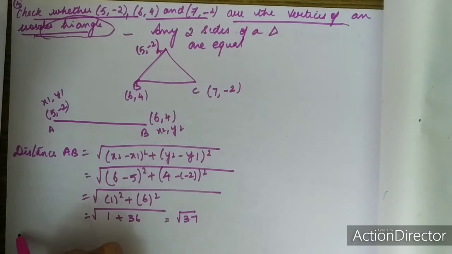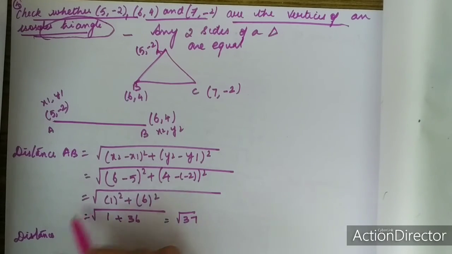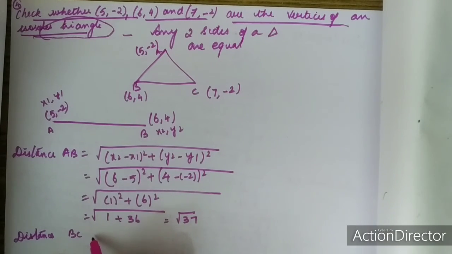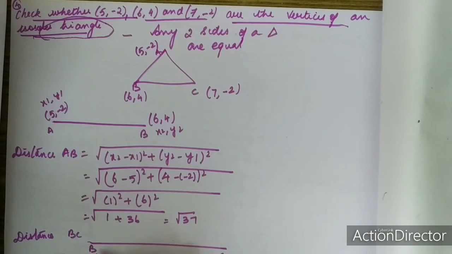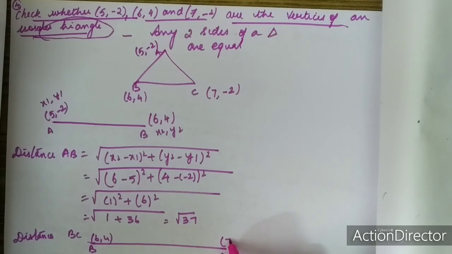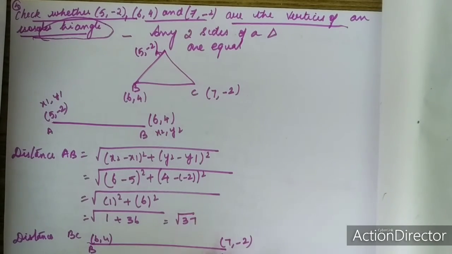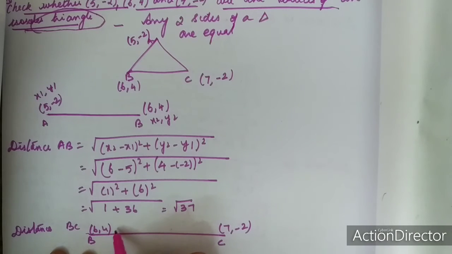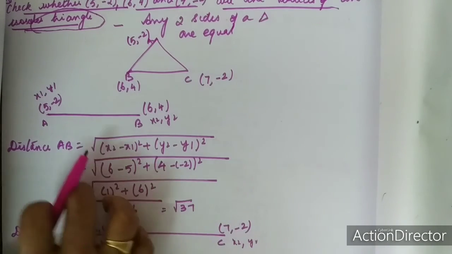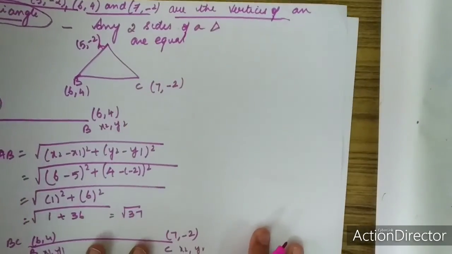Now we will find out distance AC. Let us find out distance BC. Again we can draw BC over here. What is B? B is (6, 4) and C is (7, -2). So this is (x1, y1) and this is (x2, y2).